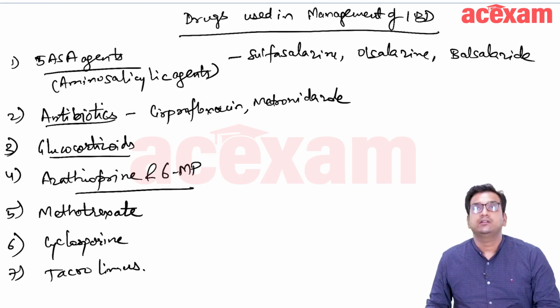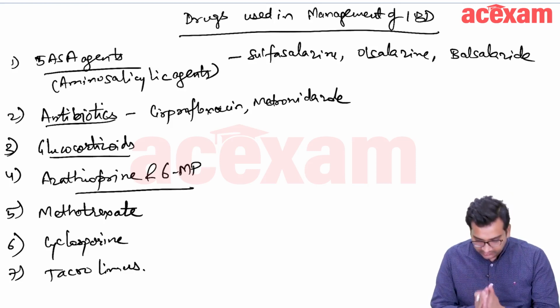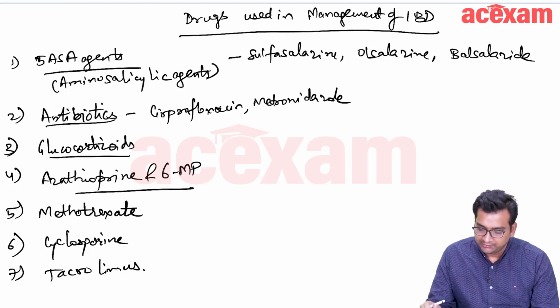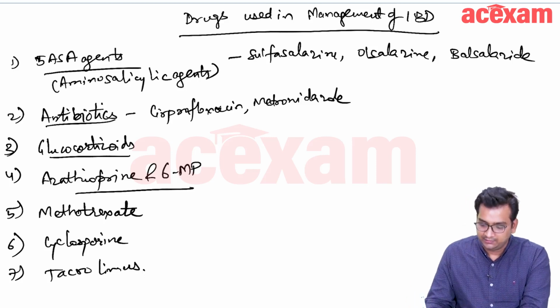Okay, these were the conventional drugs which are being used in management of IBD, and there are various monoclonal antibodies also which are being used. I will write their names here.